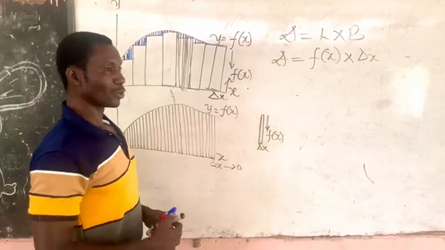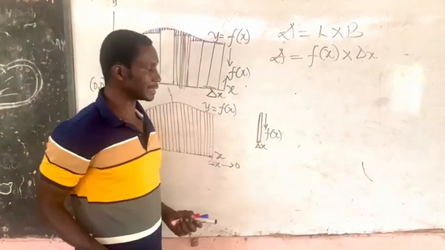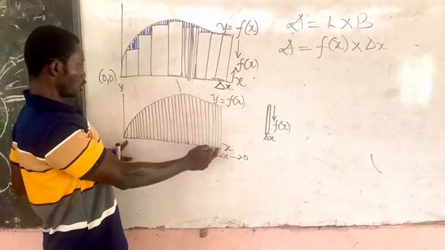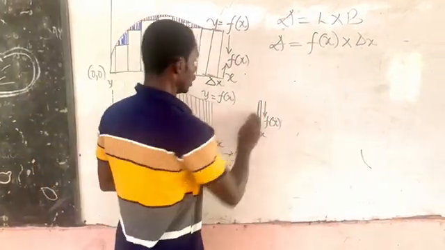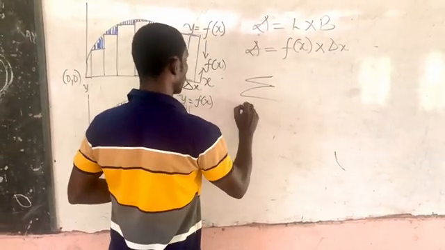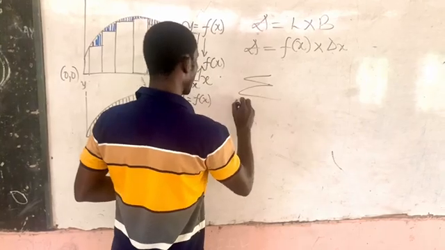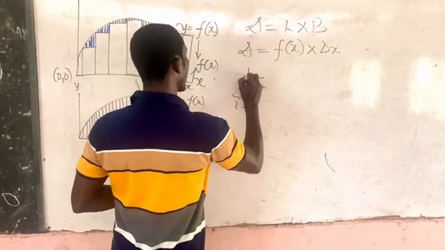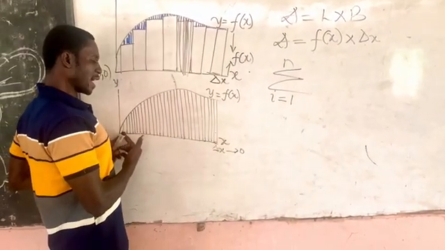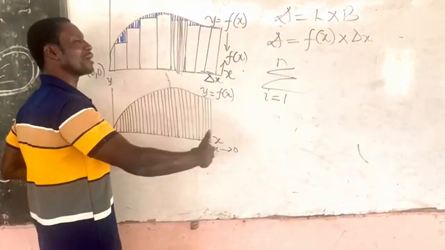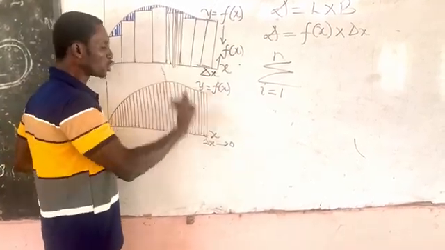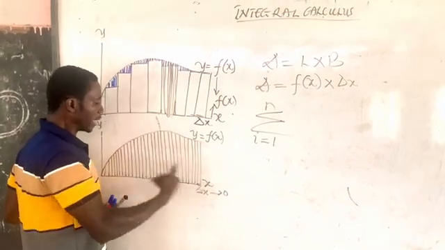And now, what you have to understand as students of mathematics is that you have to sum all the rectangles. So it will be the summation of all the rectangles, from i equal to 1 up to n. What this means is that we are summing from the first rectangle up to the nth, because we can have a number of rectangles. As we continue dividing, the accuracy of the area improves.